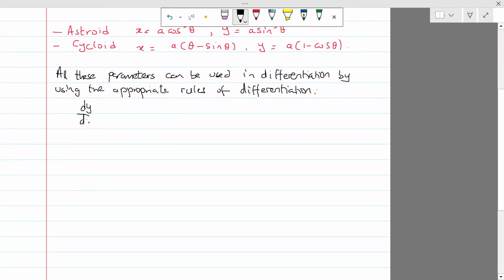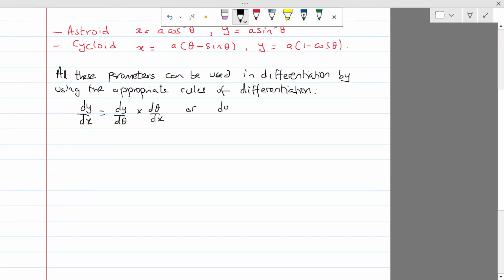For example, if I tell you to find dy by dx and I give you an asteroid, x equals a cos cubed theta, y equals a sine cubed theta, and so on. So dy by dx will be equal to, by a chain rule, dy by d theta multiplied by d theta by dx. This is the chain rule that I'm applying to find the parametric differentiation.